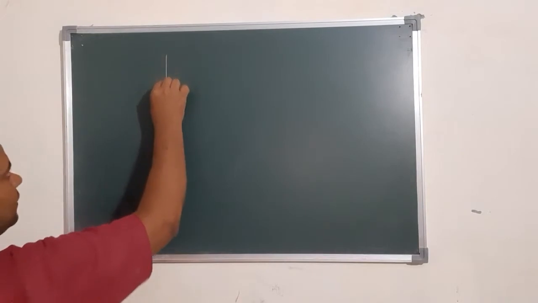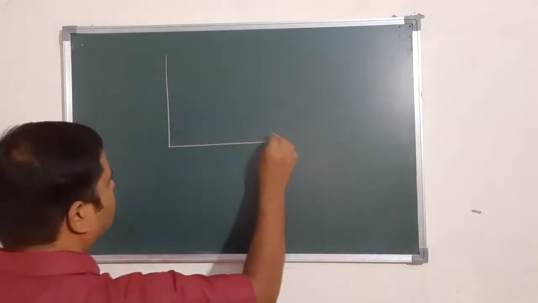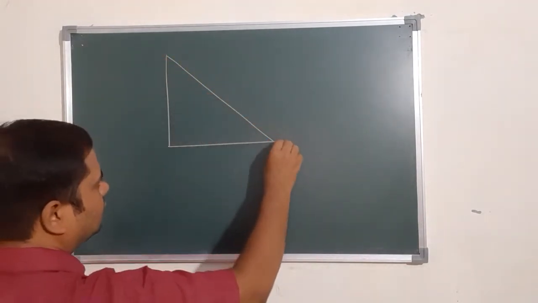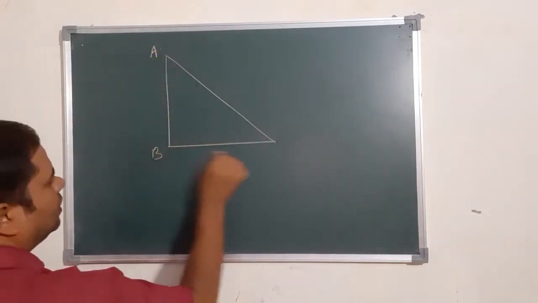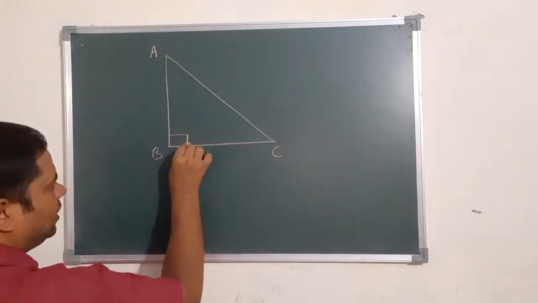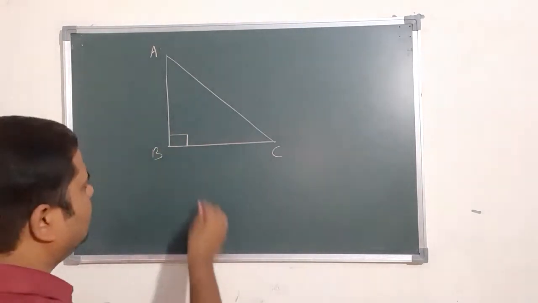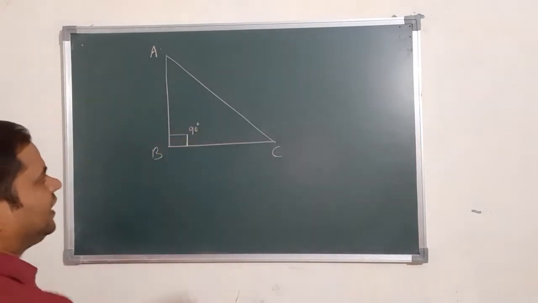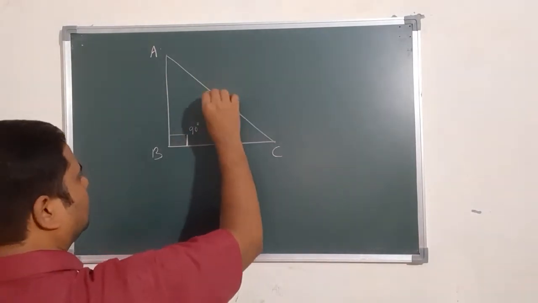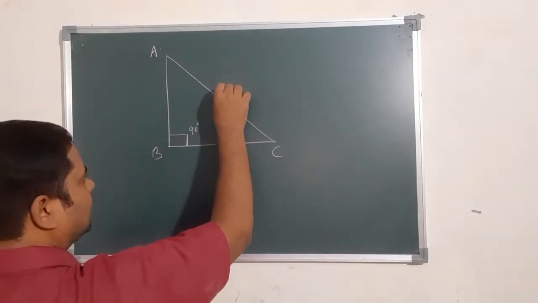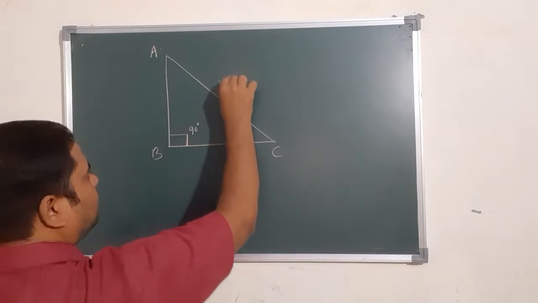First of all, see what terms we use here. We know about the right angle triangle. You know very well, this is the right angle triangle in which one angle is 90 degrees. The side opposite to the 90 degree angle, that is the right angle, is known as the hypotenuse.